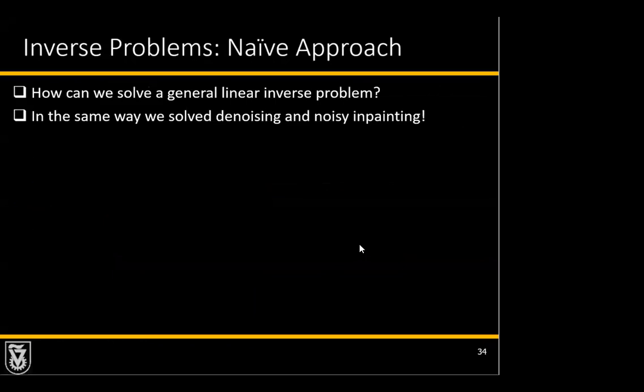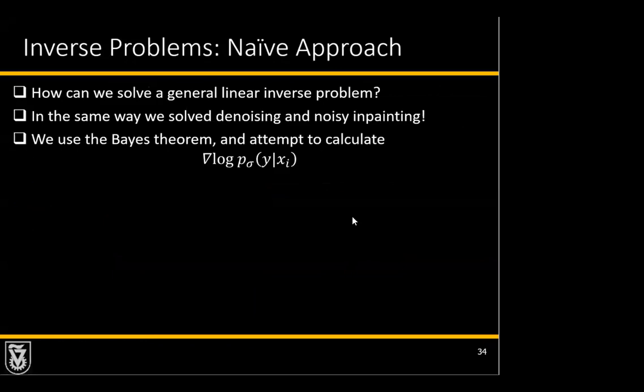We can use Langevin Dynamics. So we want to derive the score function, we use the Bayes theorem as before, and we want to calculate this likelihood term of Y given Xi.